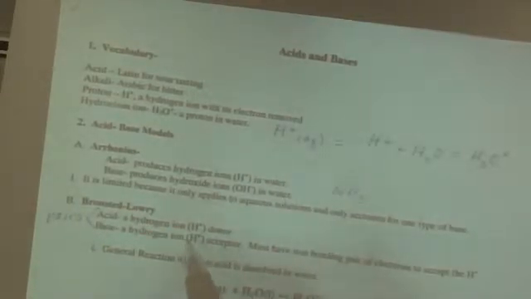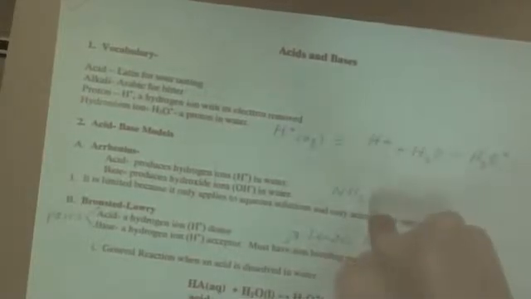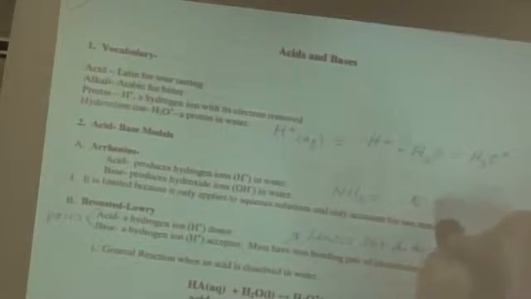Now, in order to be a Bronsted-Lowry hydrogen ion acceptor, you have to have a non-bonding pair of electrons to accept the hydrogen ion. What? Oh yeah, a Lewis dot diagram. Okay, and we went with this, so let's draw the Lewis dot diagram for that really quickly.